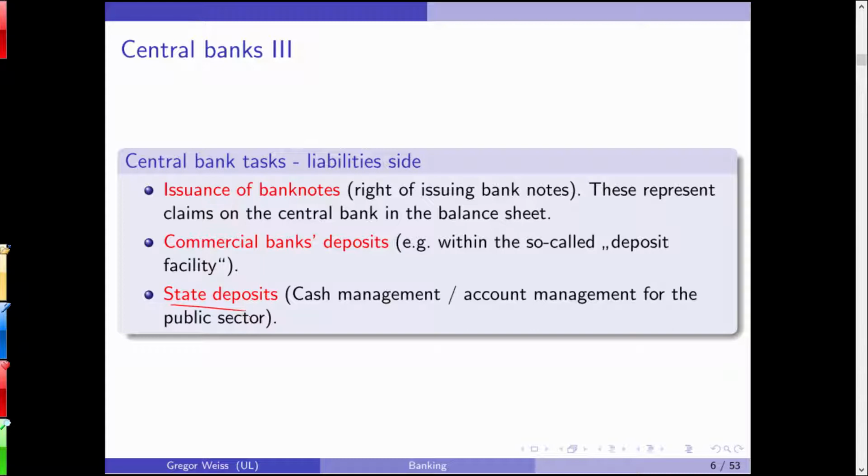If you have ever received a payment from a government agency, or if you, for example, have received a scholarship from the state, or if you have already been forced to pay taxes, you might have noticed that usually the state agencies have an account with Deutsche Bundesbank.